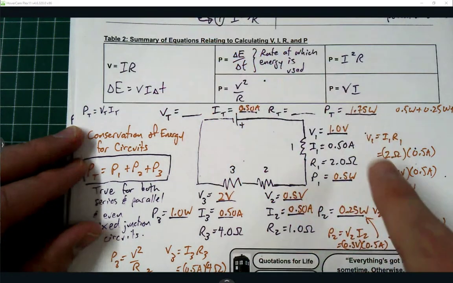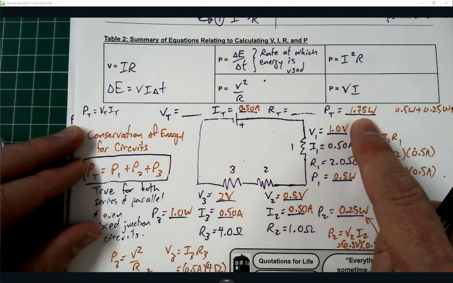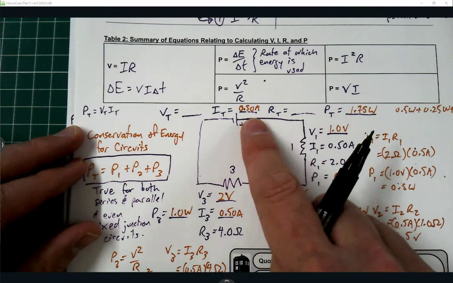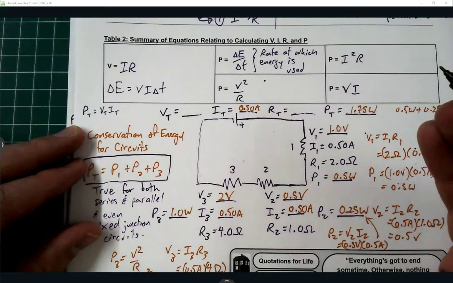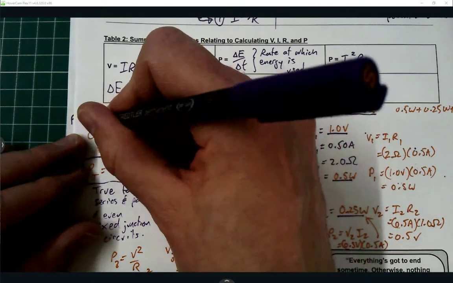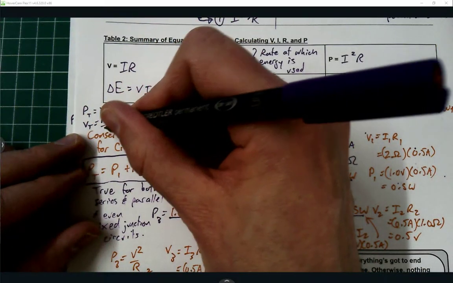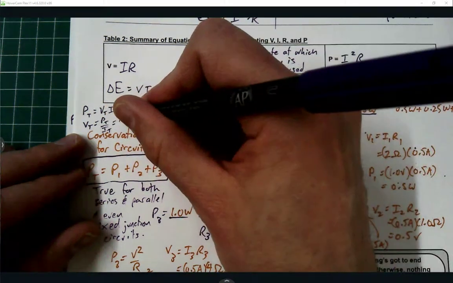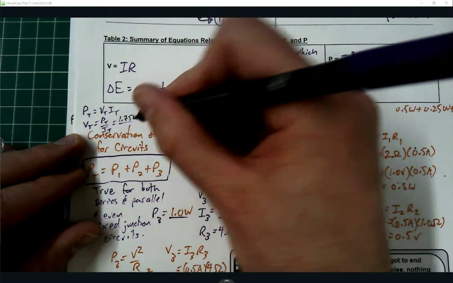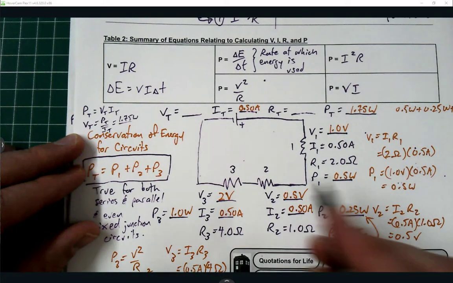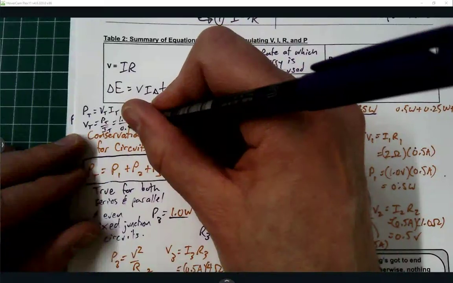And if what we just said is true, that P total is 1.75 and we already know I total, that means that V total would be equal to P total over I total. We can sub that in. P total is 1.75 watts. I total was equal to 0.5 amps.